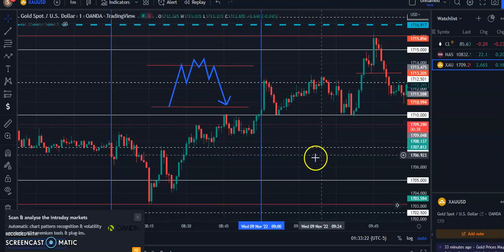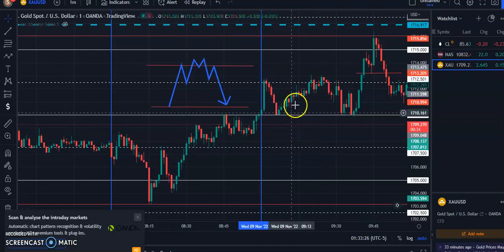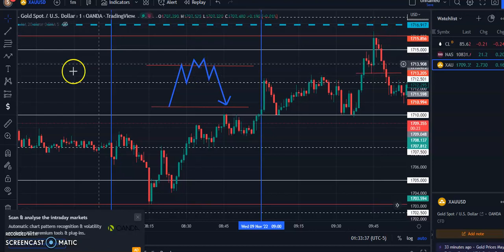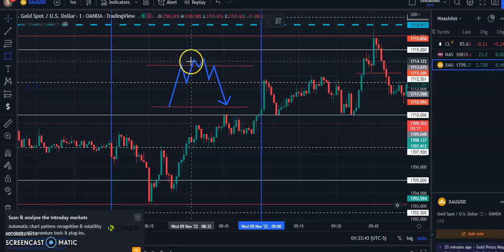Now, this is where I made the mistake. The market came to the high of the day, triggered the high of the day, but there was no M pattern.